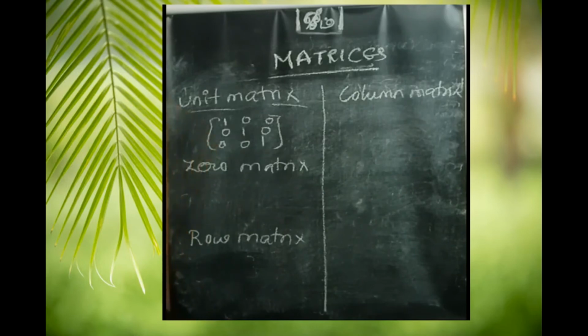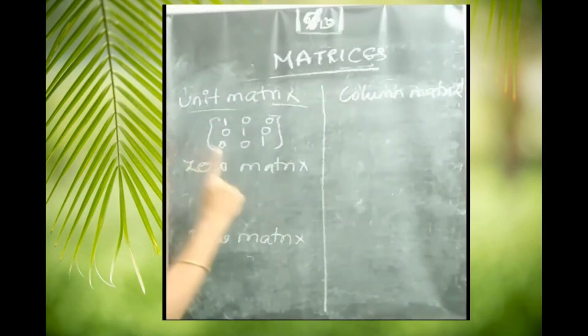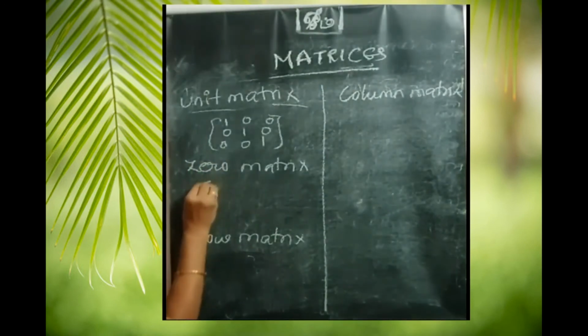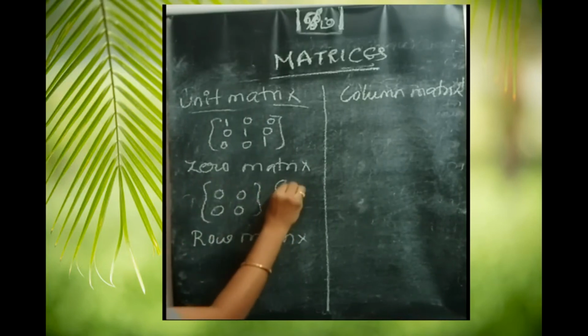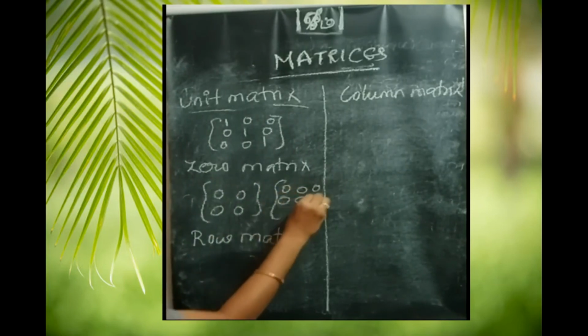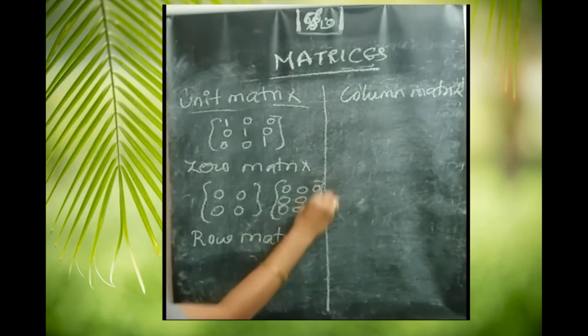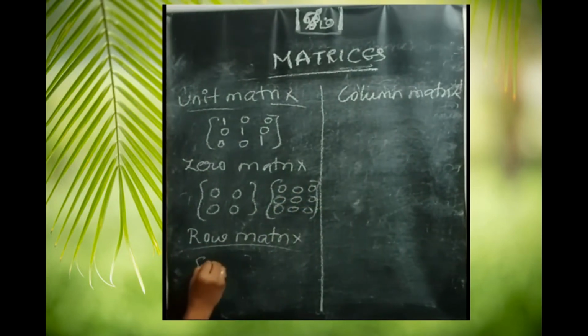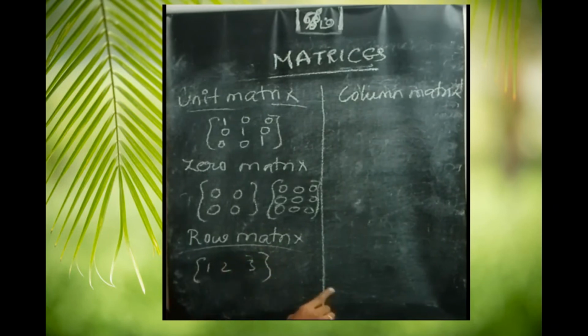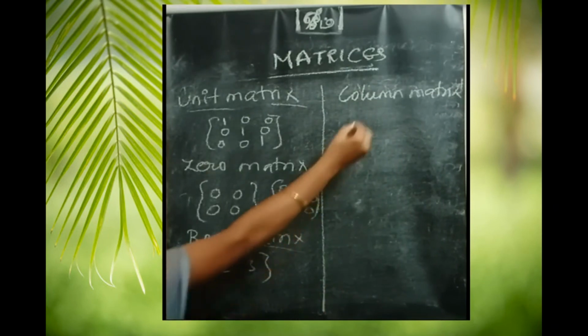For unit matrix, the diagonal should be only 1. Zero matrix means all elements will be 0. If all elements become 0, then it is the zero matrix. Next, row matrix. Only one row, this is the row matrix.